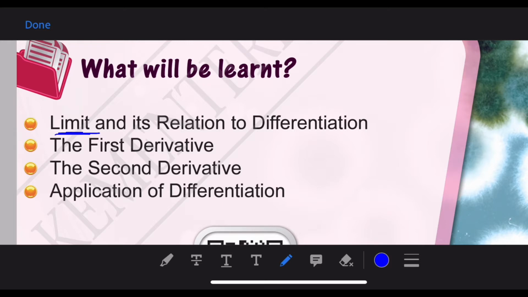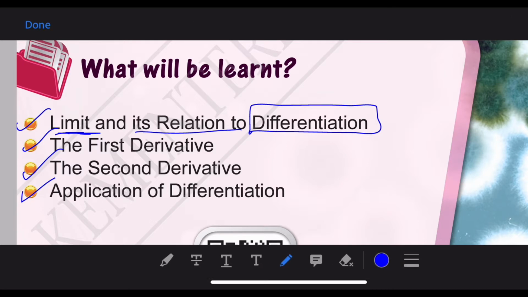You must know limits, because from limits we can derive the first derivative, which is dy/dx. So limit is very important, and we have the first derivative, the second derivative, and application of differentiation.